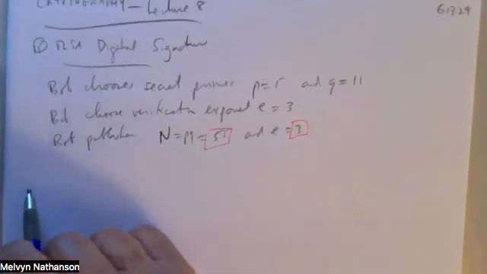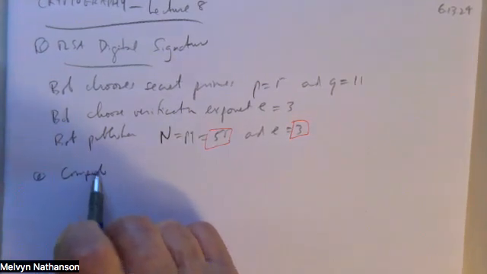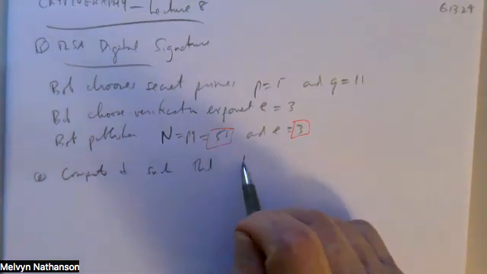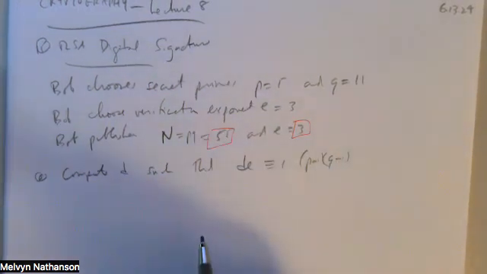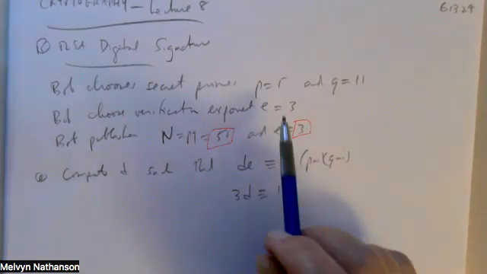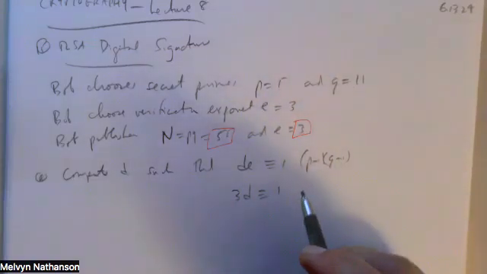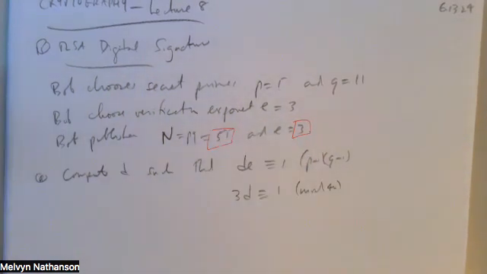So the first thing you need to do is to compute d such that de is congruent to 1 mod (p minus 1)(q minus 1), which means 3d is congruent to 1 mod 40, since p minus 1 is 4 and q minus 1 is 10. You can do that any way you like.